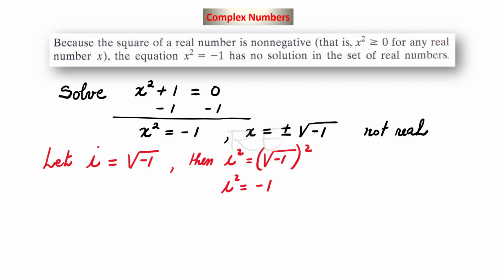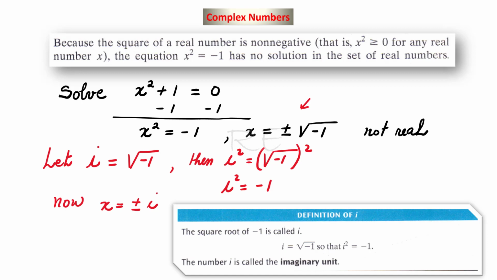So i is equal to the square root of -1, and i squared is equal to -1. Now, the previous equation will have for solution plus or minus i. The number i equal to square root of -1 is called the imaginary unit.